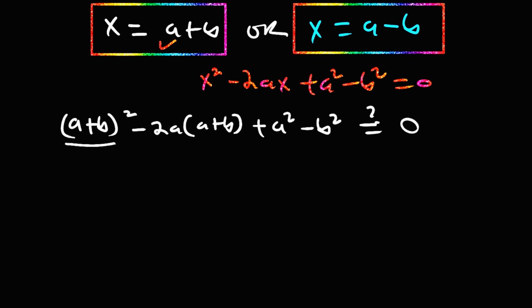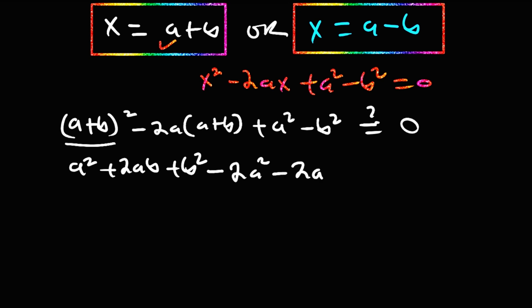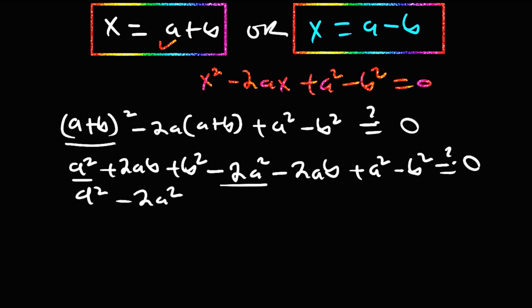So for the first expression, according to quadratic identities, that will be a squared plus 2ab plus b squared, then minus 2a times a is 2a squared, then plus 2a times b, that will be minus 2ab, then we have plus a squared minus b squared, and we're going to check if that equals 0. Now we can collect like terms. We have a squared, and we have another minus 2a squared, and then there's another one here, plus a squared.